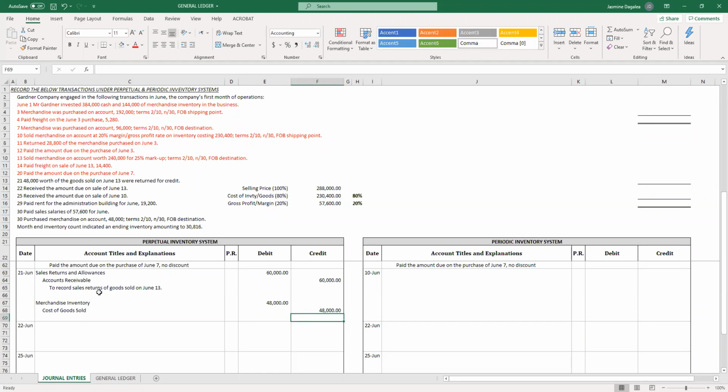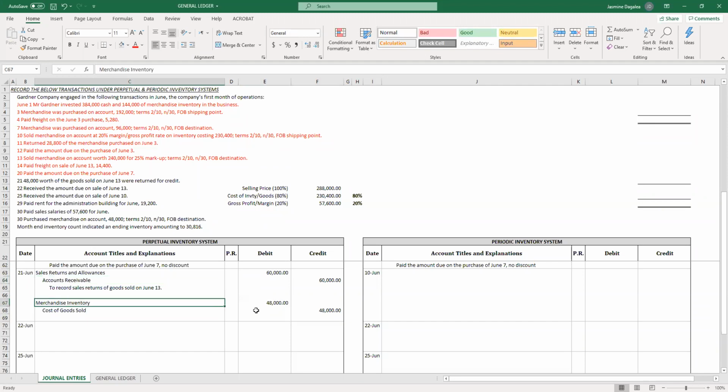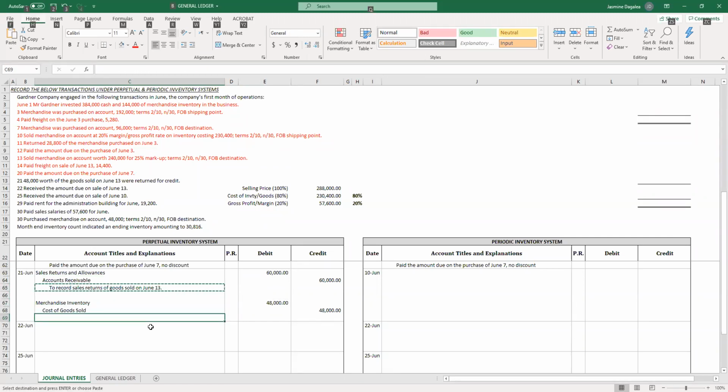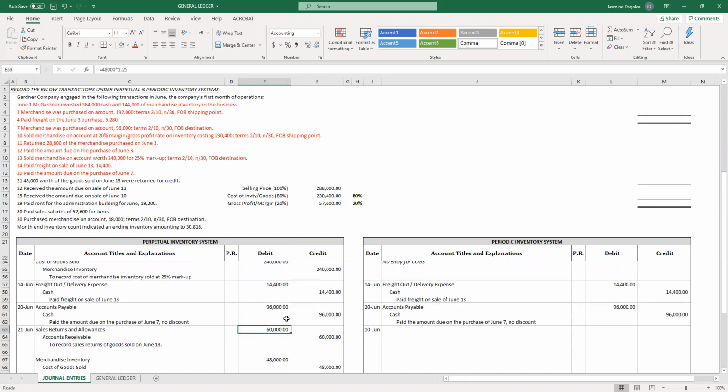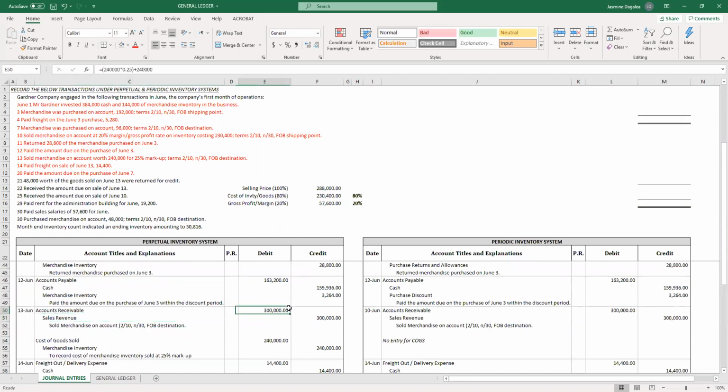Pag babawasan nyo receivable, including selling price. Pag record nyo sa inventory, excluding selling price. Yung cost lang. Okay? Yan, same lang. So mamaya, if you post these transactions to your ledger, makikita nyo, June 13, yan.